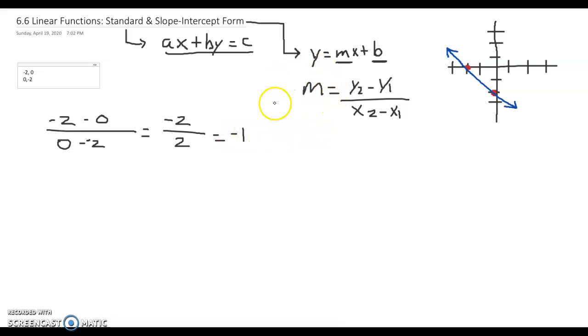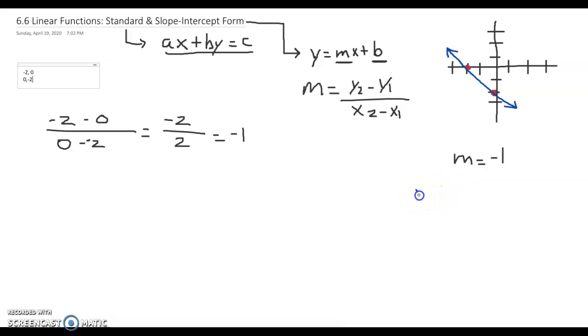To find slope, we know it's going to be -1. Our answer is going to go into this formula right here. What's our y-intercept? Our y-intercept is -2.